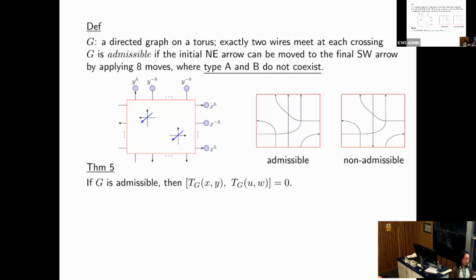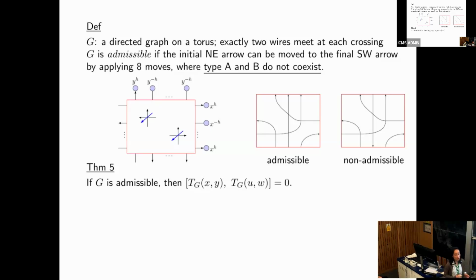So we have eight moves. When you say 8 moves, you mean by using those 8 moves, not exactly 8 moves, is it? Not exactly. Only 8 types of move are allowed. 8 types of move.